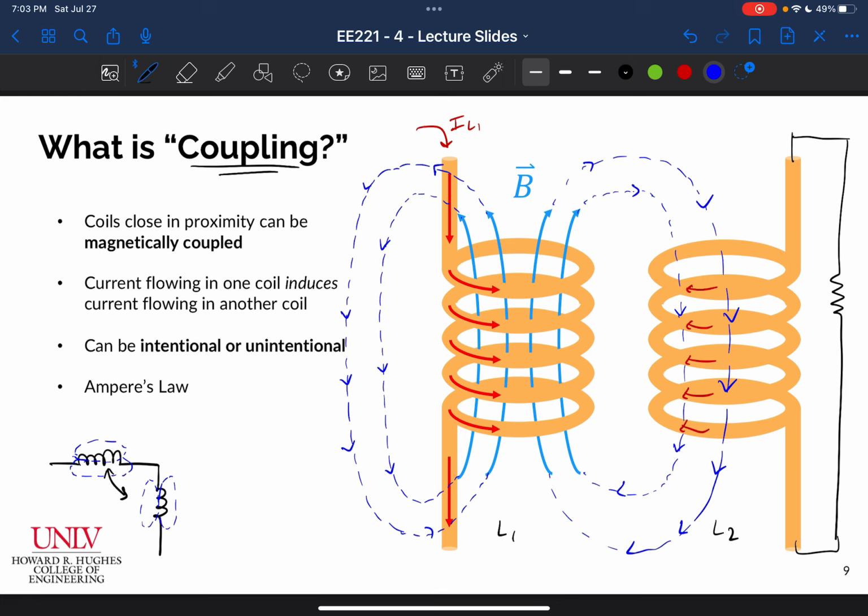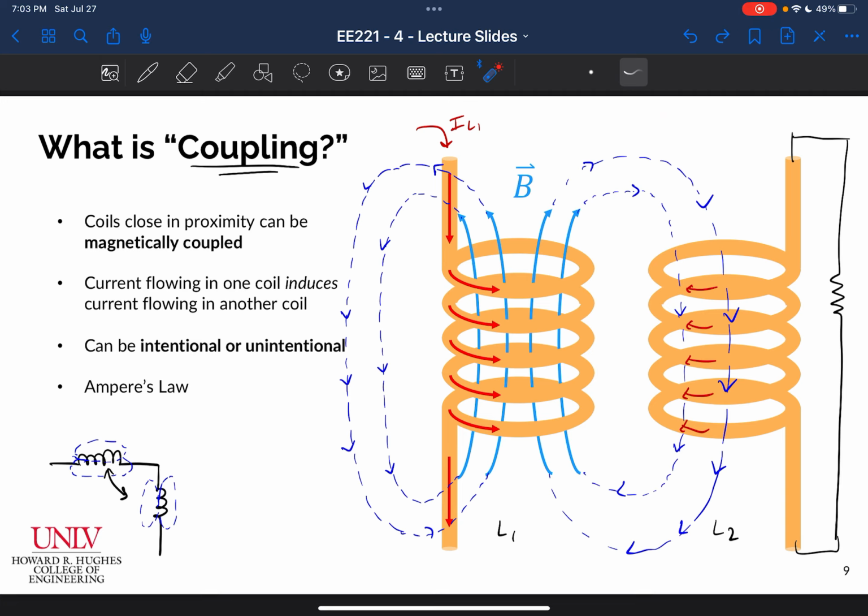Otherwise, I'm going to get different impedances and different currents flowing that don't make sense anymore, because we're thinking I should have these two inductors in series, but I might actually have some mutual inductance happening between the two of them if I don't account for this magnetic coupling.